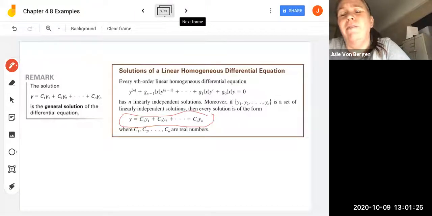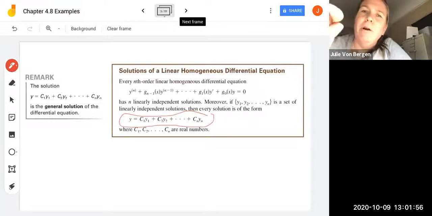So we can always write y equals c1 times y1 plus c2 times y2, and so on, where all of those y1 through yn's are the linearly independent solutions of the linear homogeneous differential equation, and the c's are real numbers. So c1 through cn are real numbers.